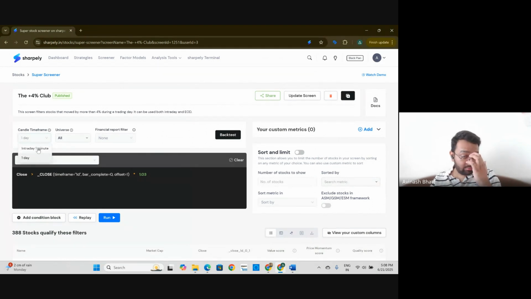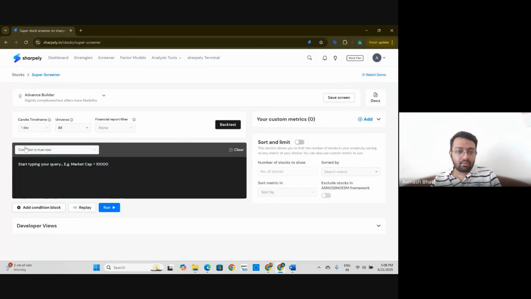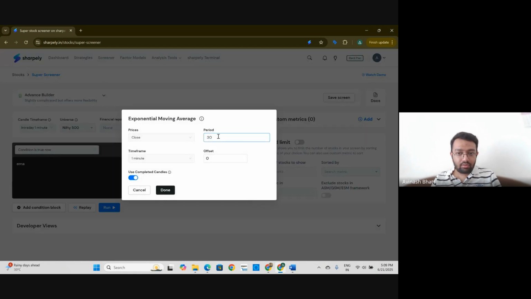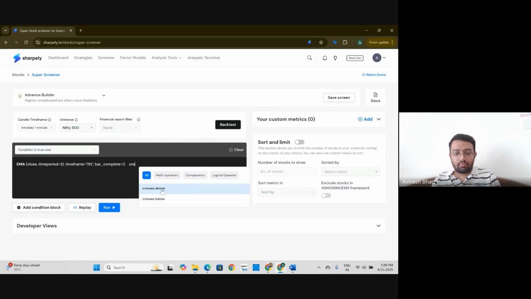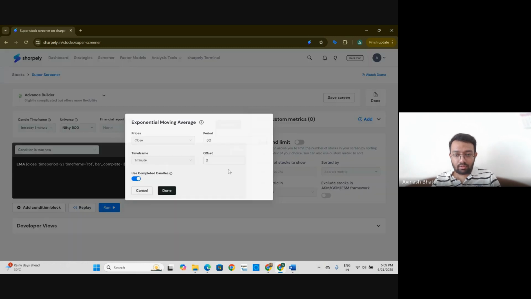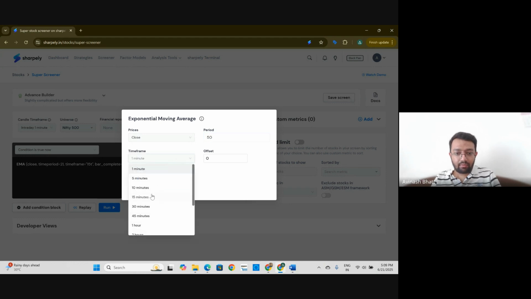So we support time frames as low as 1 minute. Create a new screener. So, and then what I can do is EMA of 21 bars, that's in 15-minute time frame. Price above EMA 50 bars in again 15-minute time frame.